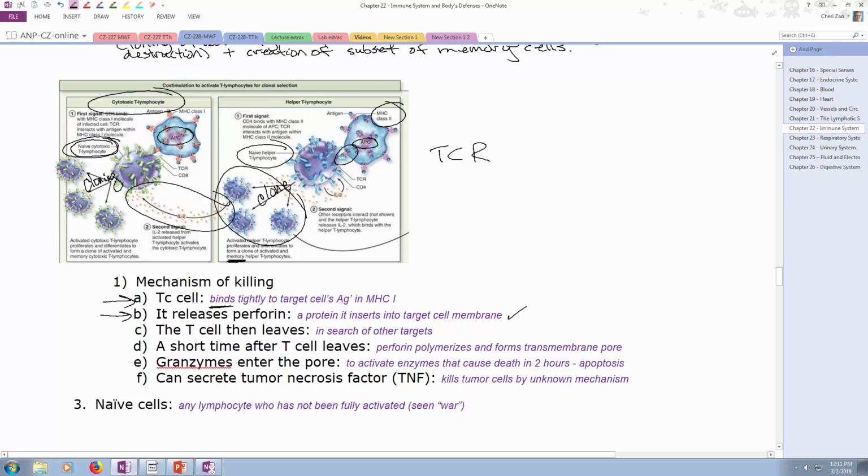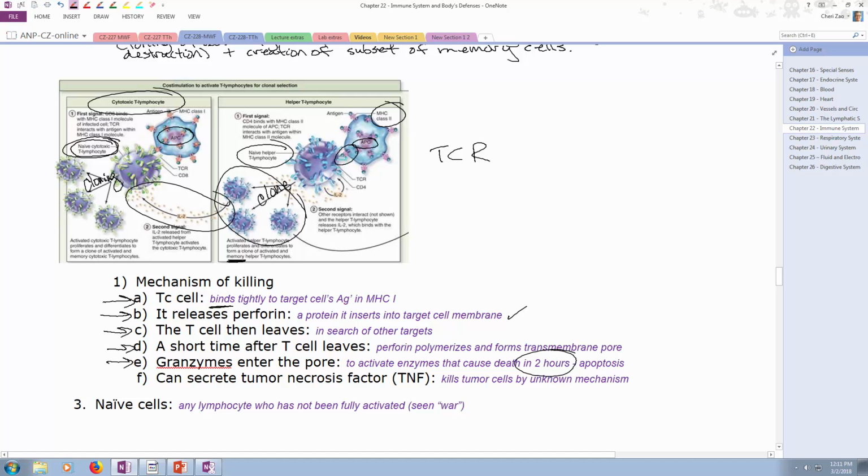And then what's nice about this, the T cell leaves and does the same thing to another cell that has the very same problem. When the T cell leaves, we get that polymerization of the perforin, that pore, and then the granzymes. It's a kind of 2-packet step even here for this process. Granzymes enter the pore. They activate enzymes inside the cell that cause cell death in 2 hours via apoptosis.